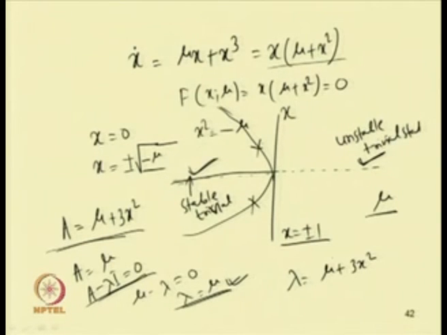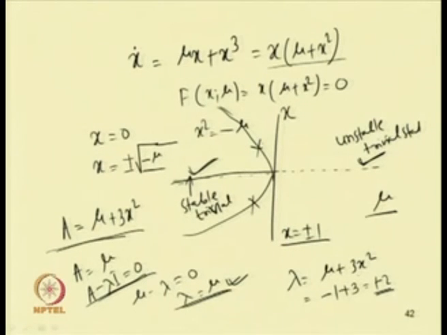Let us take mu equal to -1. Corresponding to mu equal to -1, we have x equal to +-1. So, this 3x square becomes 3 into 1, so this becomes 3, and this becomes +2.